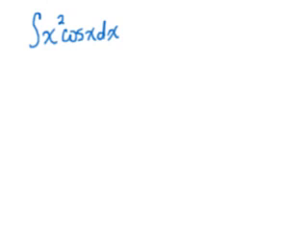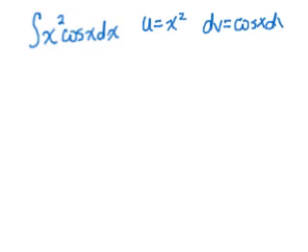Okay, since I did state that u could not be the trig function, that means u has to be x squared, and that means that dv is going to be cosine x dx. So back in the days when we were doing the product rule, we would take derivatives.